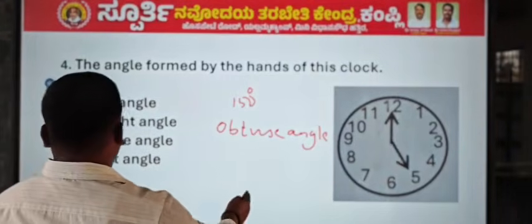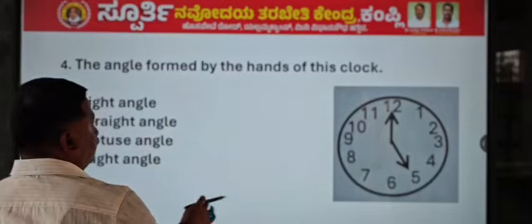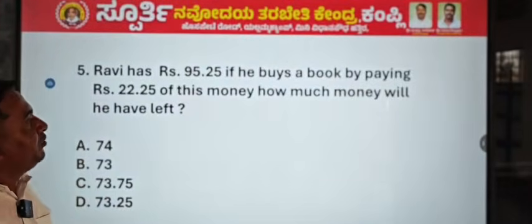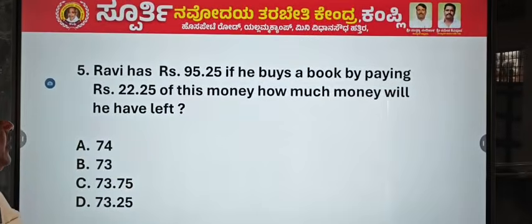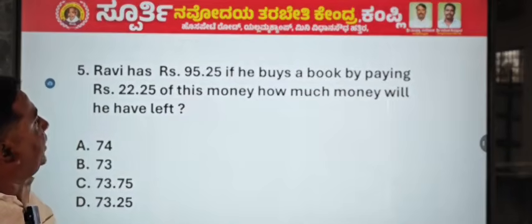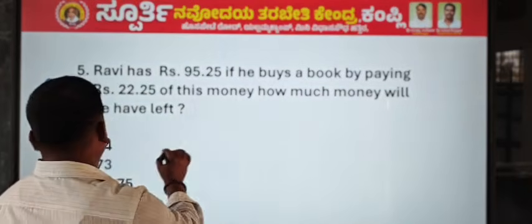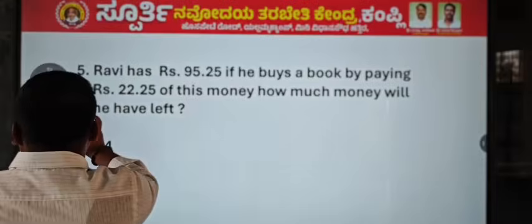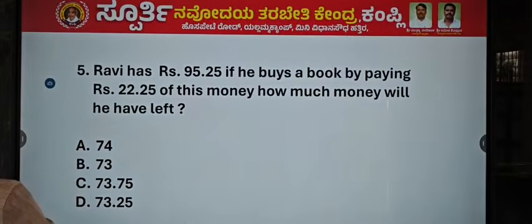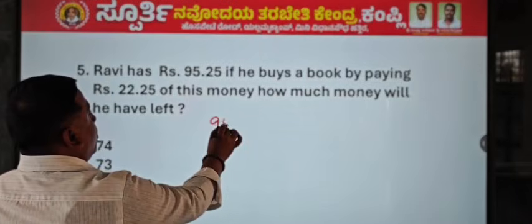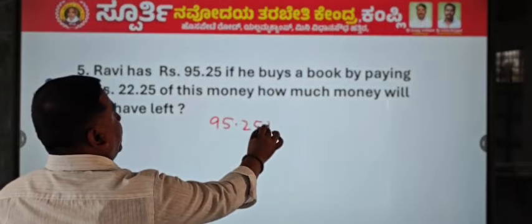We move to the next question, question number 5. See, a very easy question. Ravi has 95.25 rupees.